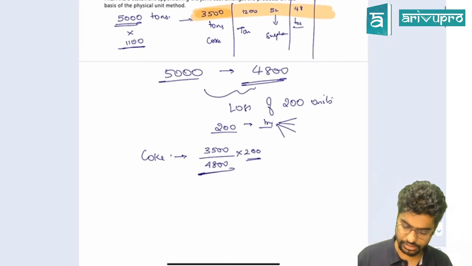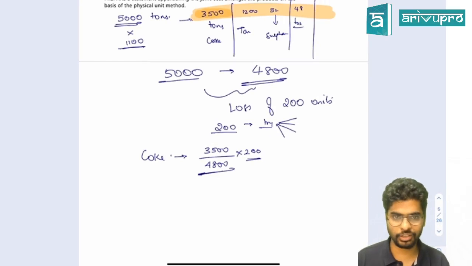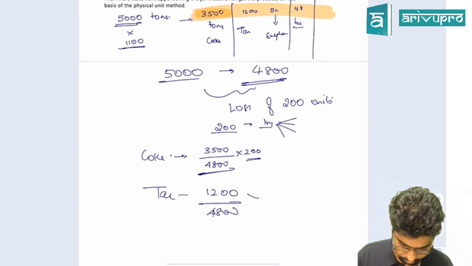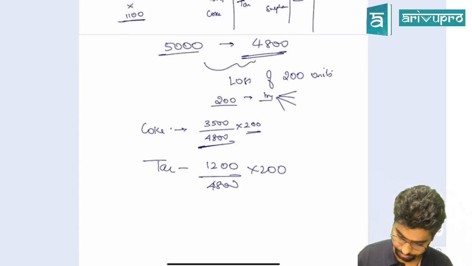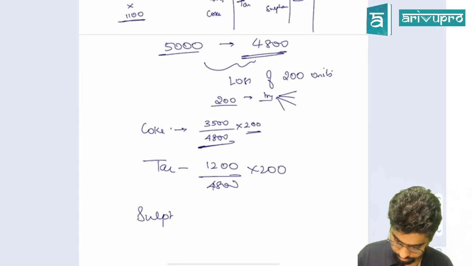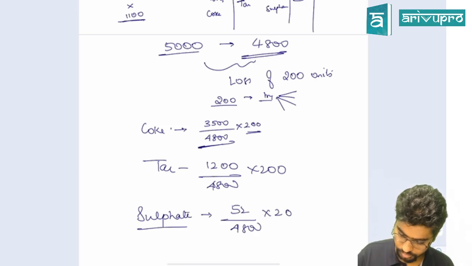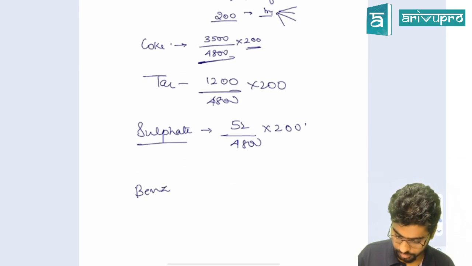Same thing, I'm just doing the sum total of each of it and then putting it across. Then the second one is tar, then I have sulphate, and the last one is my benzol.